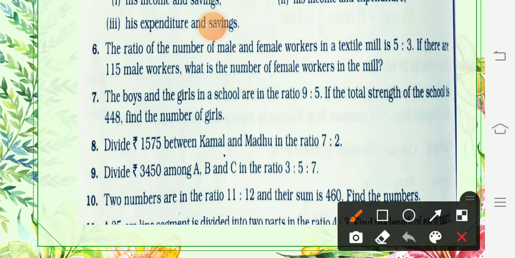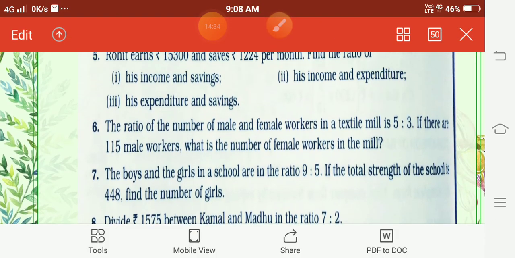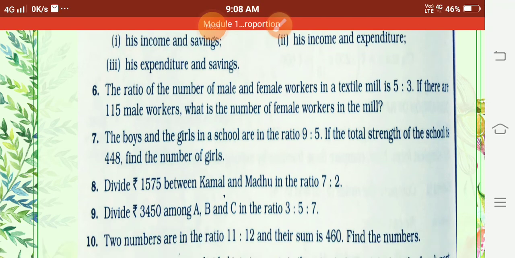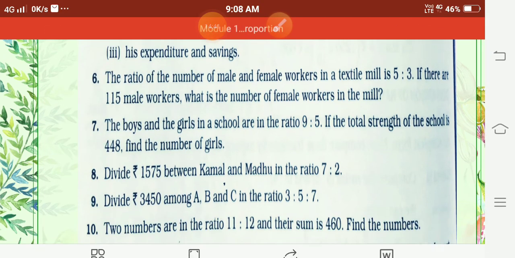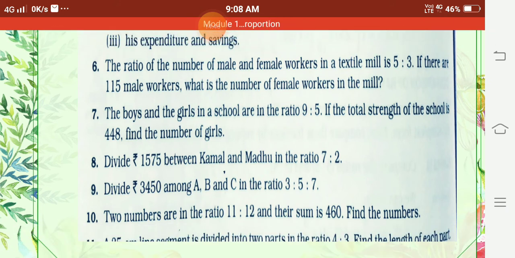Start writing what is given in the question. The ratio of numbers of male and female workers in a textile mill is 5 ratio 3.